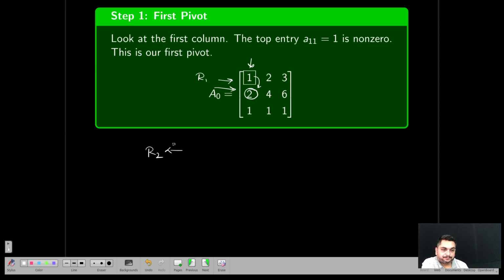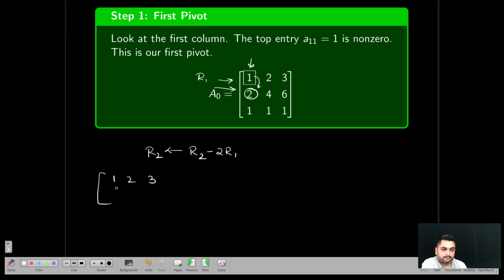Okay. So how will you write R2? To make this 0, I will write R2 minus 2R1. So the entire row is multiplied by 2 and subtracted from R2. So it will become what? R1 will remain the same.